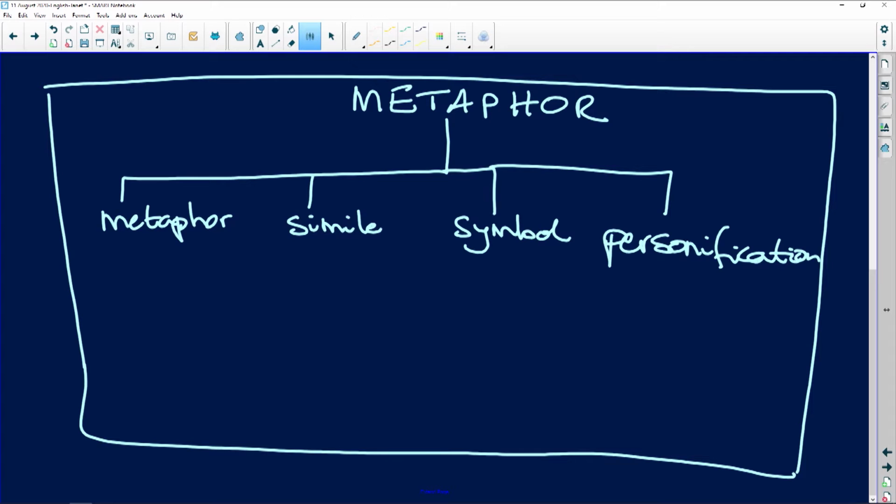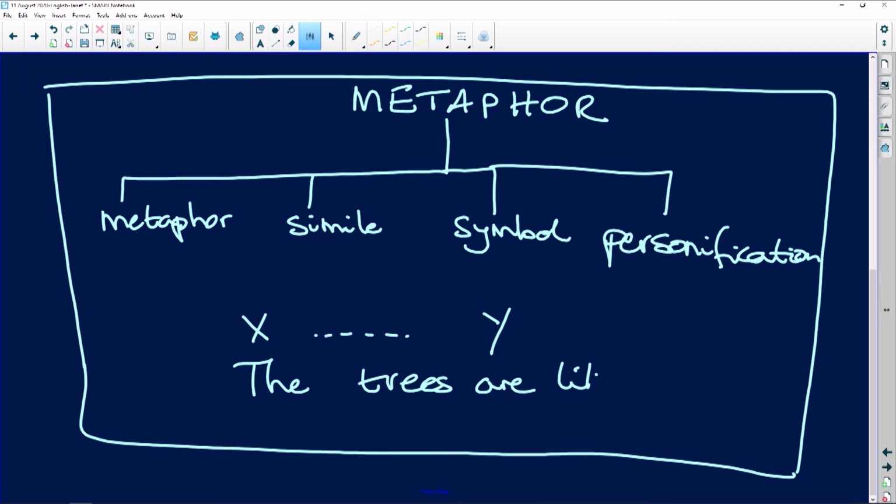So what are they? They are uses of metaphorical language where what you are talking about, let's call it X, is being described by using Y. So I can say to you, the trees are like something, and then I want here to give a detail, to give a description.